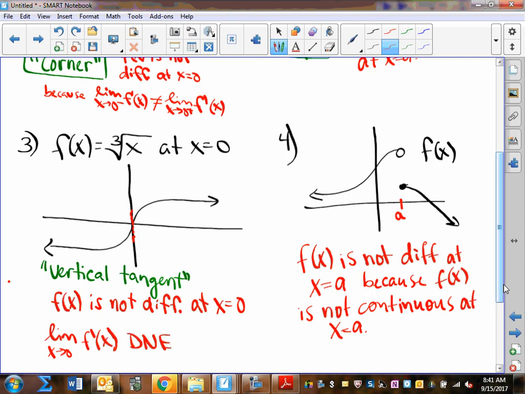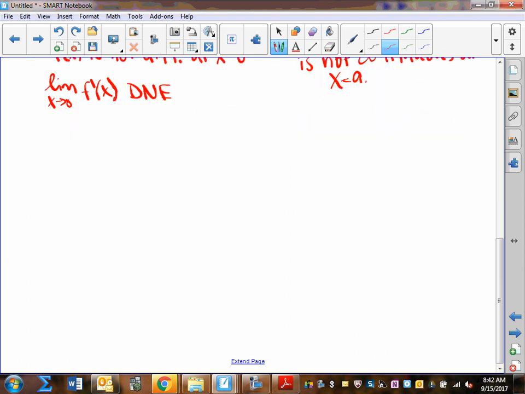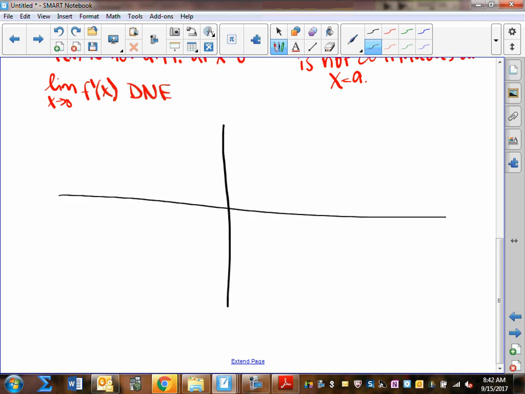Okay, we're going to go ahead. We'll just put it up here. Let's just draw a short little graph, kind of detailing some different options for differentiability or not. Here, nice and jump.